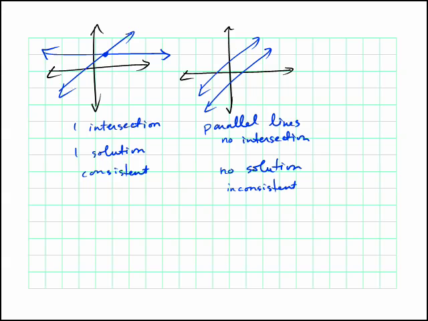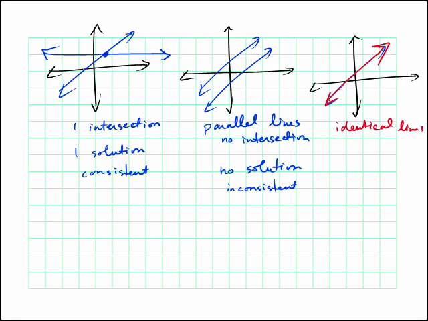There is one other thing that could happen when you graph 2 straight lines, and that is you could graph one line and then graph the other line, and it turns out that they are identical. Now, identical lines, I guess you could say, intersect everywhere.